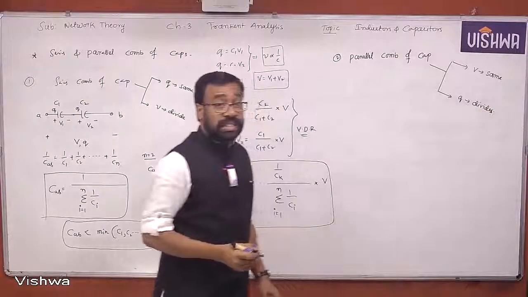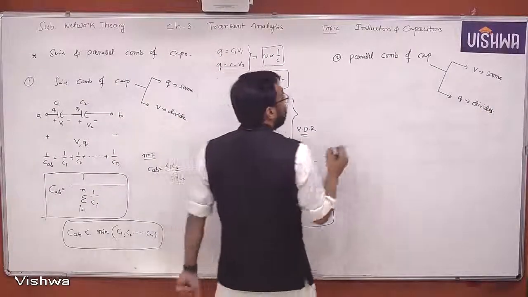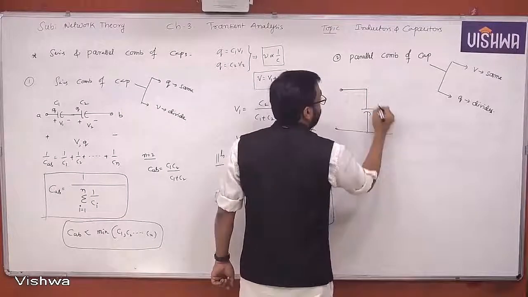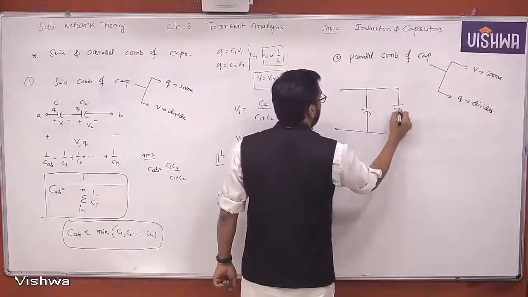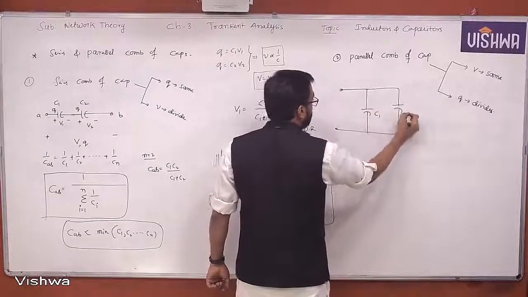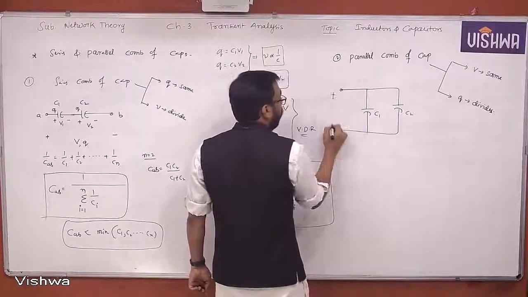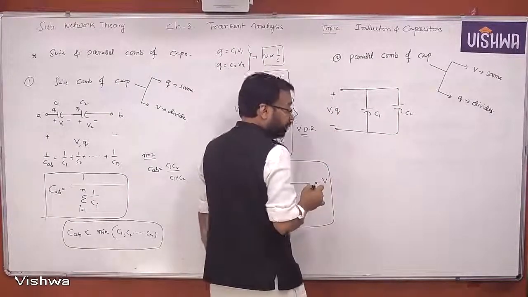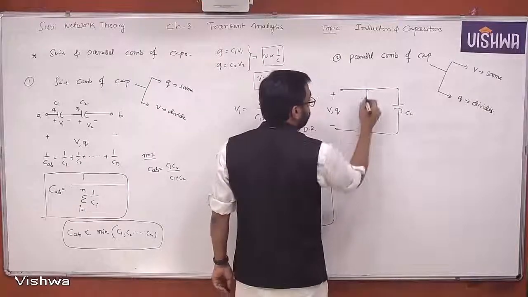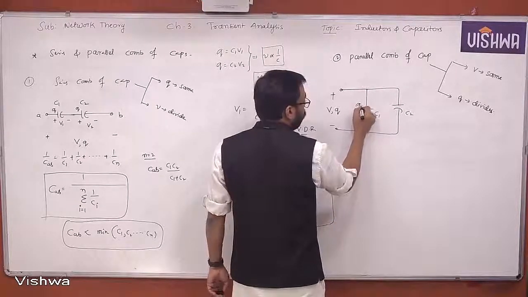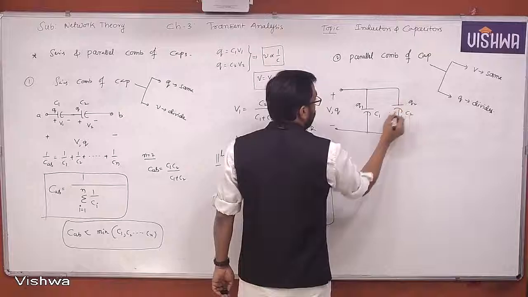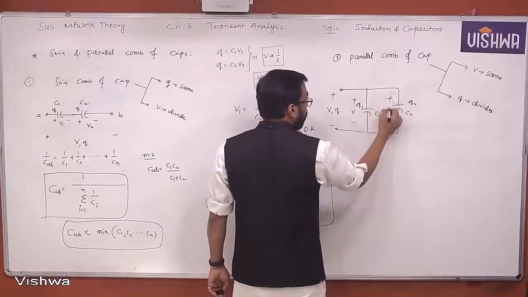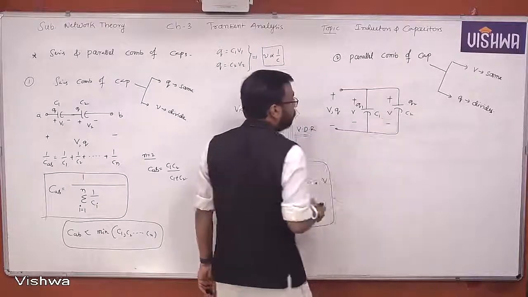Look at this: 2 capacitors connected in parallel. We'll generalize it for n number of capacitors later. This is the voltage and the charge supplied by the source. It divides into Q1 and Q2, but the voltage is the same. This is V and this is also V. There is no change here.